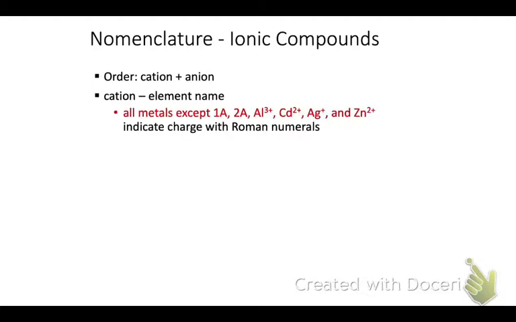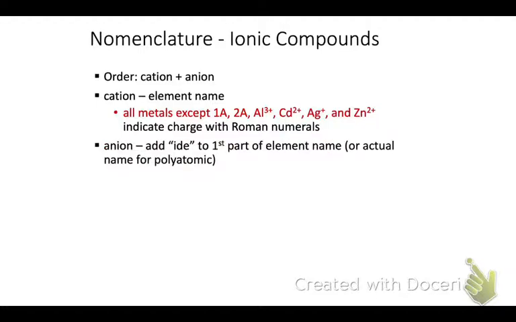All metals except group 1A, 2A, aluminum +3, cadmium +2, silver and zinc, you have to indicate their charge with the Roman numerals. What does that mean? I'll give you an example. Magnesium, I'm just going to call it magnesium. Why? It's a group 2A.